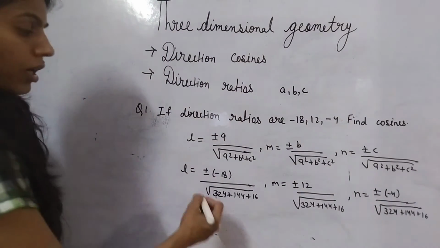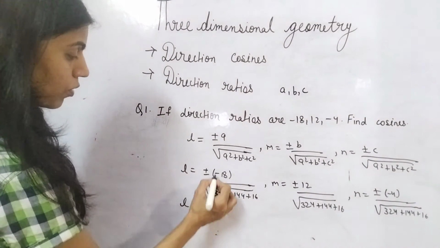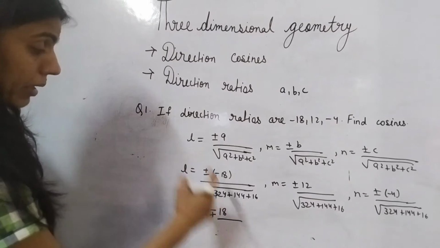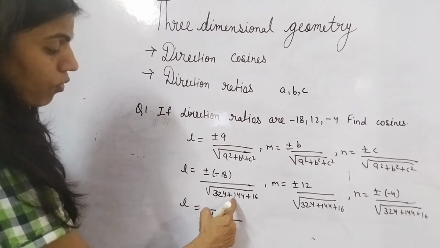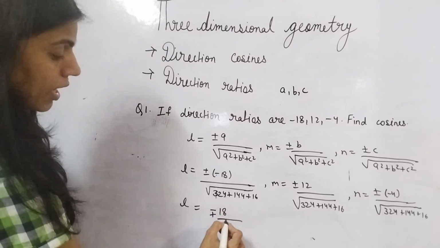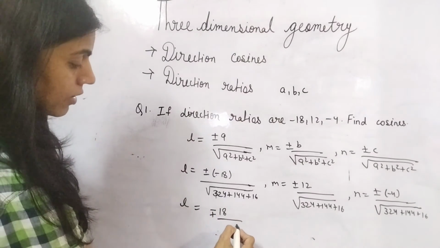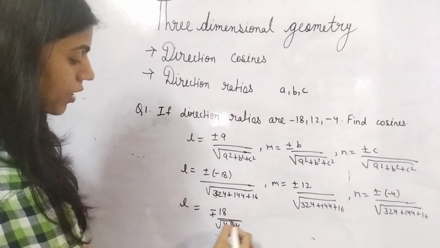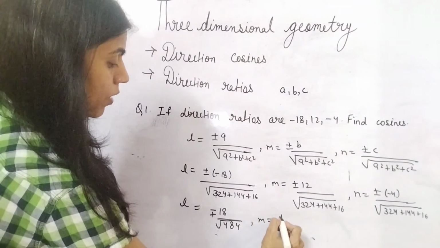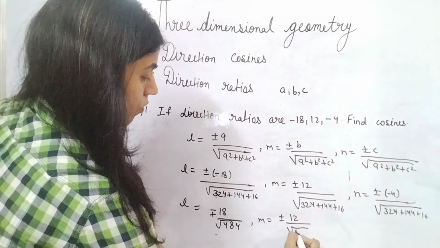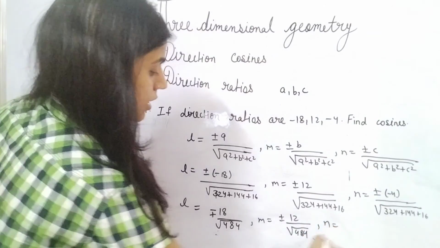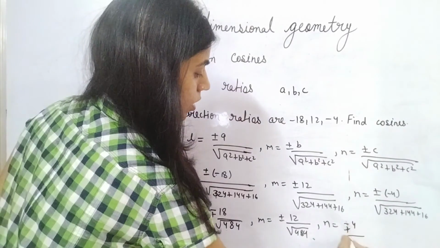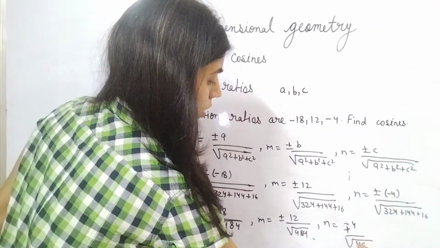So this l is equal to plus minus 18 upon root of 324 plus 144 plus 16, which is 484, right? This m is equal to plus minus 12 upon root 484, and this n is equal to plus minus 4 upon root 484, right?